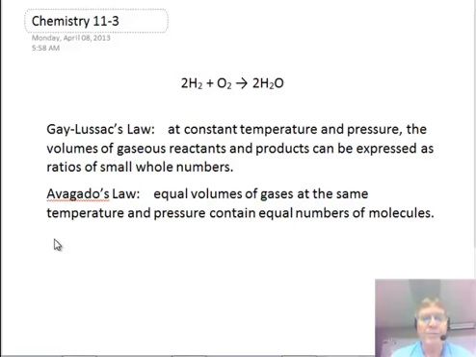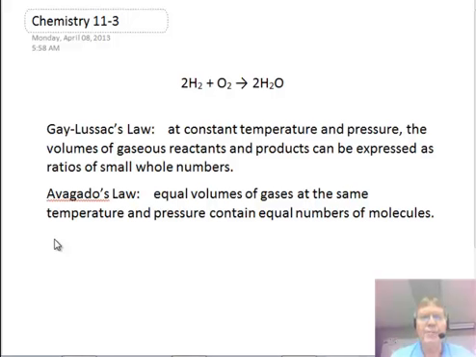Avogadro came along a while later, right towards the beginning of the 1800s. He discovered the law that's now known by his name, Avogadro's law, and that says that equal volumes of gases at the same temperature and pressure contain equal numbers of molecules. So what that tells us is that 2 volumes of hydrogen plus 1 volume of oxygen yields 2 volumes of H2O.